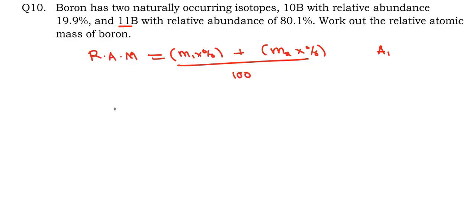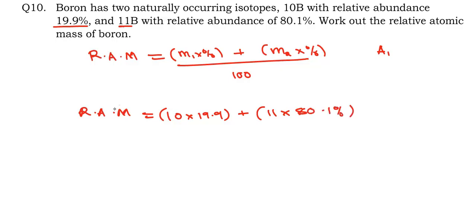Now to find the relative atomic mass, we just replace. Our M1 is 10, multiplied by its corresponding percentage, 19.9, plus our M2, which is 11, multiplied by its percentage, 80.1, then we divide by 100.